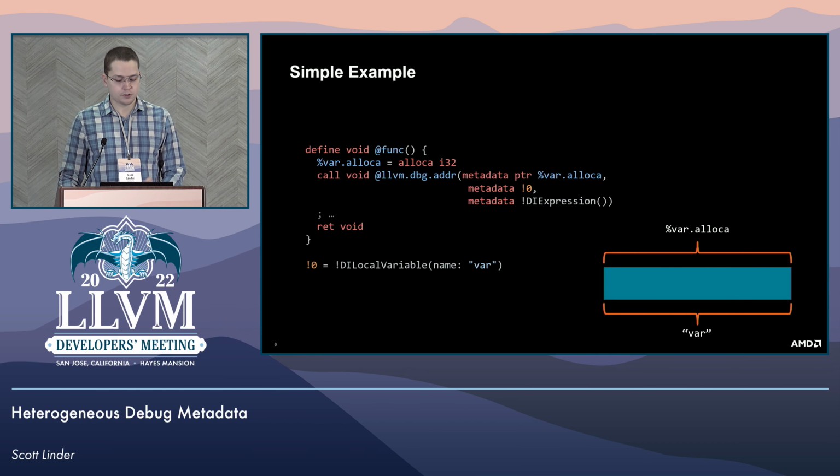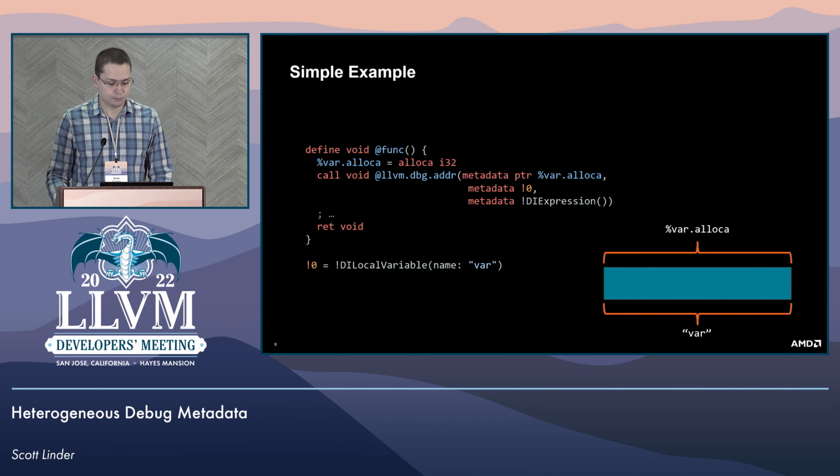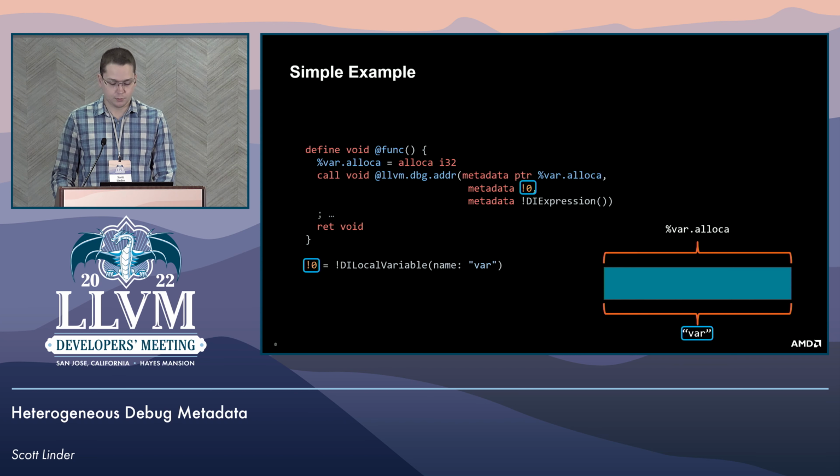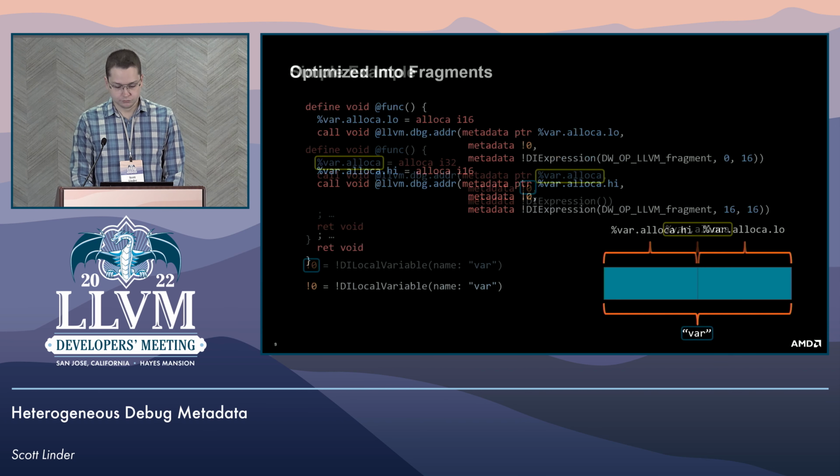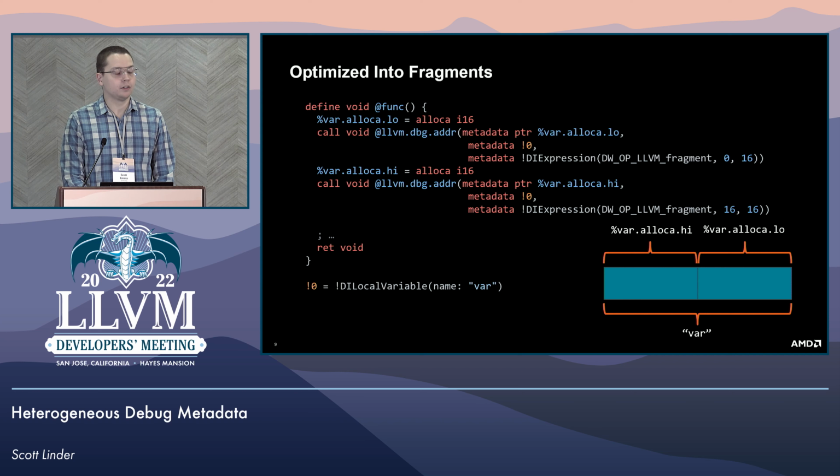So to illustrate why that restriction is an issue, let's look at the same example from before. Our debug intrinsic is referring to that same source variable var and to the same alloca, and we're effectively describing the situation in the diagram in the bottom right, where the source variable and allocation overlap exactly. But what happens if the compiler decides to split up that allocation?